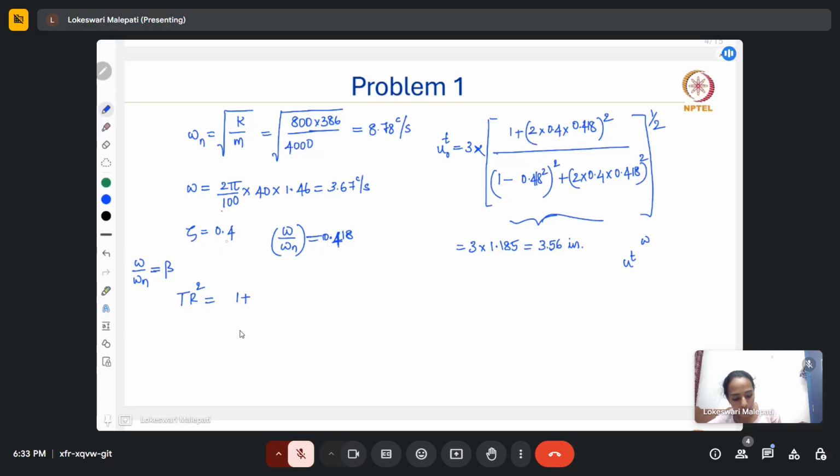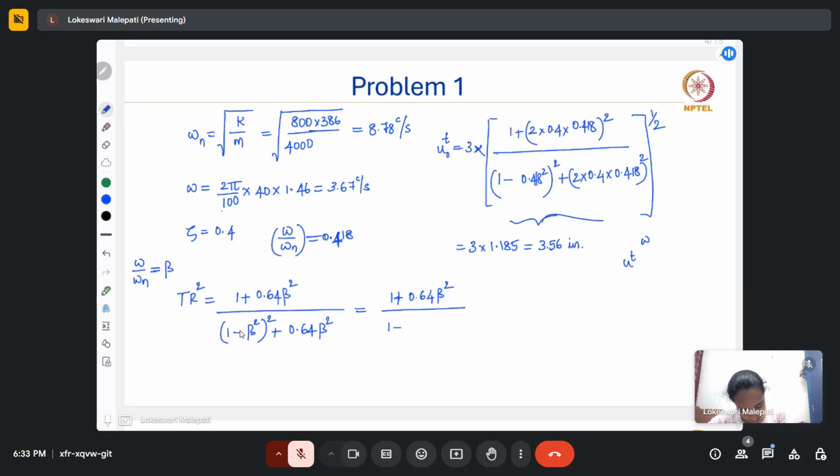So 2 zeta would be 0.8 and then 0.8 square would be 0.64. 0.64 beta square divided by 1 minus beta square the whole square plus 0.64 beta square. So let's evaluate this term. 1 plus 0.64 beta square.